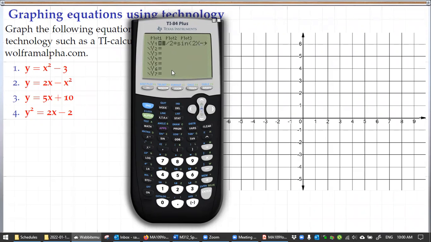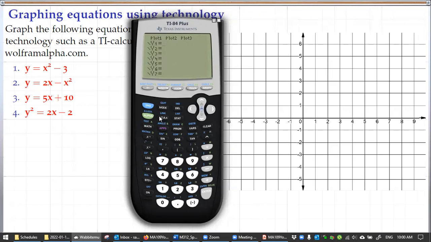Clear any equation that is already there by hitting the clear button. And then we will just type in the equation y equals the right hand part over here. So we have x squared minus 3.